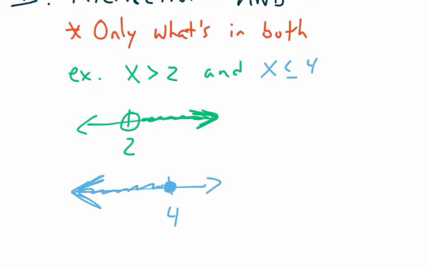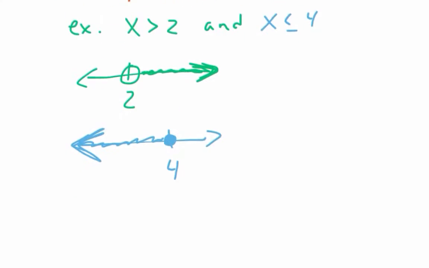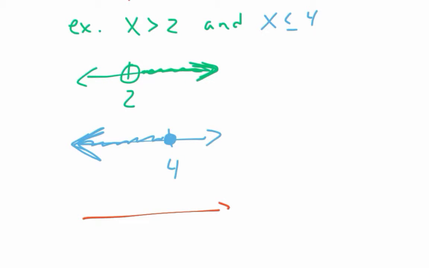So now, the intersection of those, the final answer, is only what's in both. I'm going to try to put those together in one line down here. So if I have my 2 there and my 4 there, the part that's shaded twice would be if you could put one line right on top of the other.